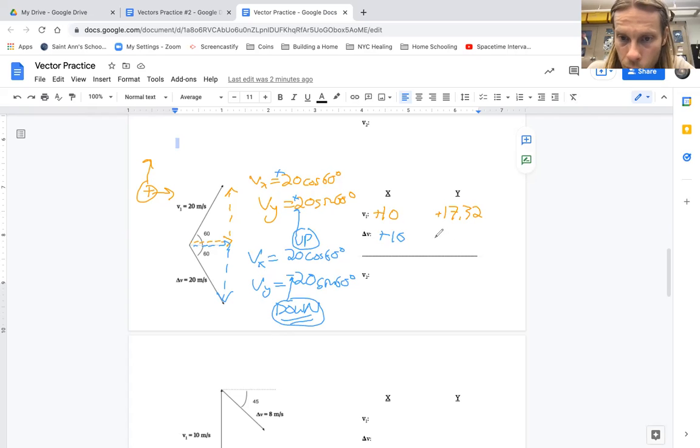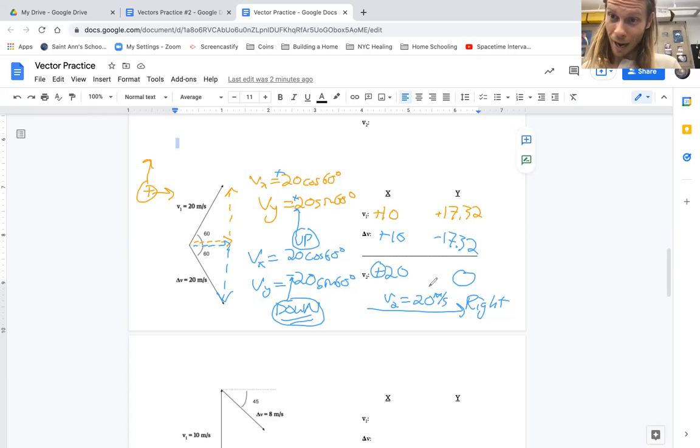Right? So here we get negative 17.32, and behold, we get that that's 0, and this is positive 20. So our V2 indeed, once again, just like the other ones, maybe coincidence, I didn't mean to do that, is 20 to the right, where here positive means to the right. And 20 what? Well, it's a speed, so this one is meters per second.